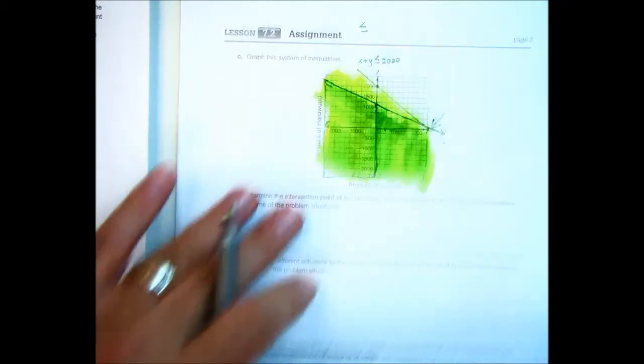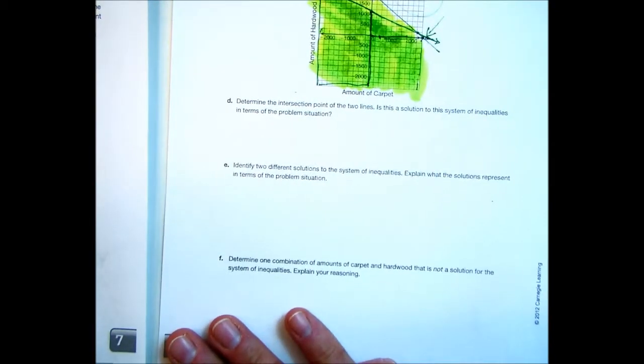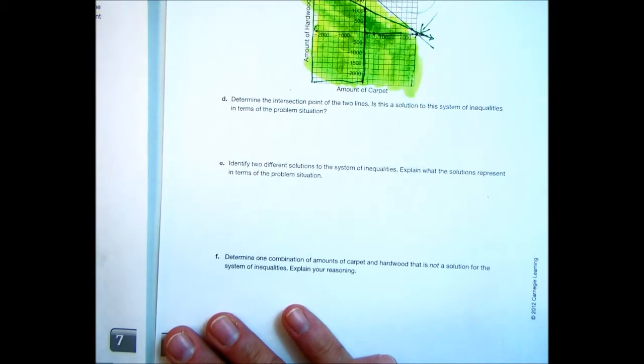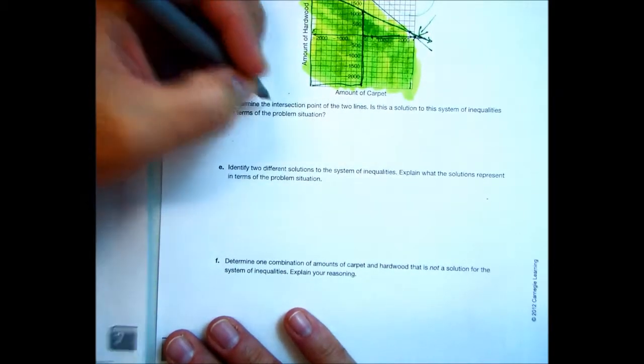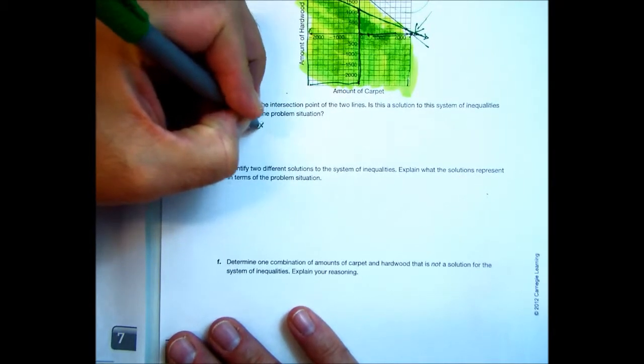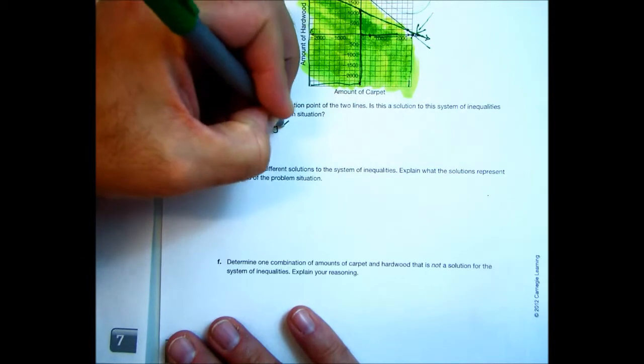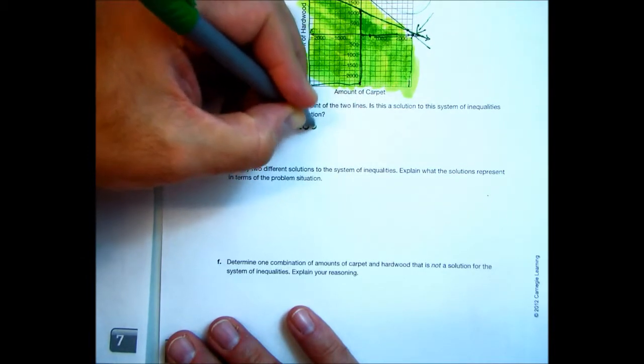All right, now if we want to know the exact intersection, this is where we do our systems of equations from equalities. So you have x plus y is less than or equal to 2,000.